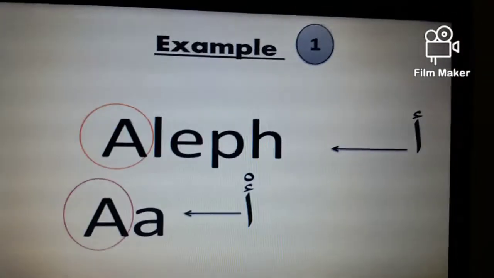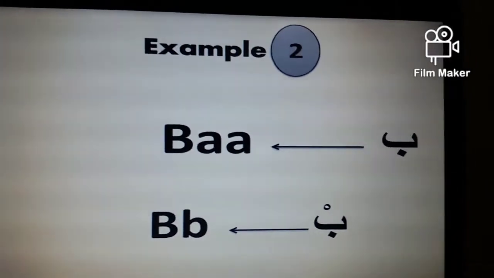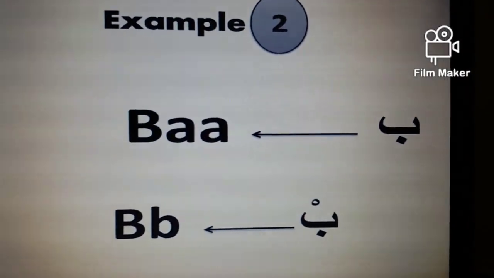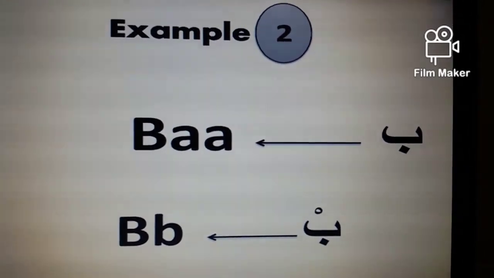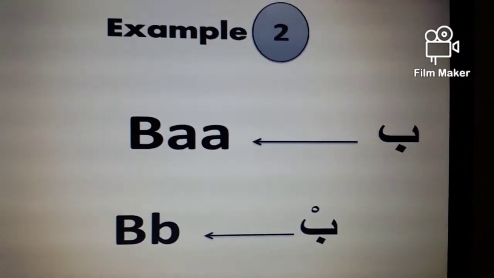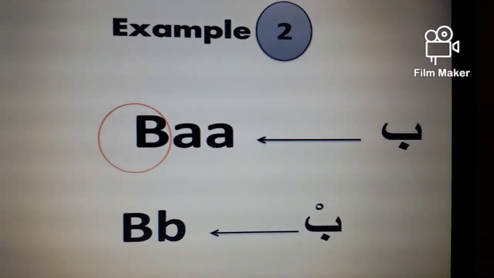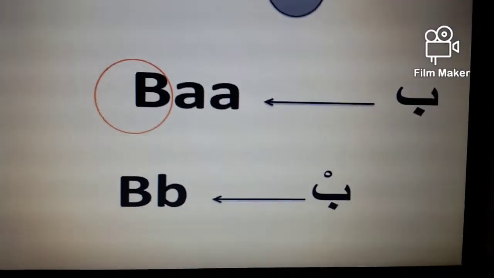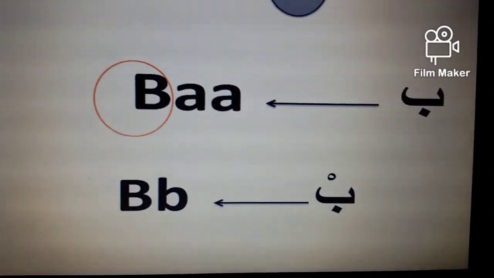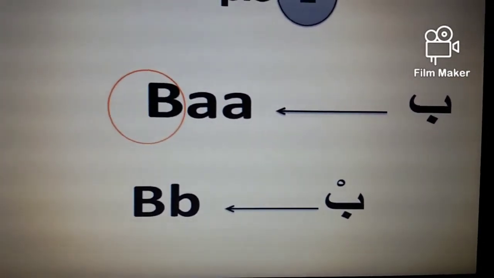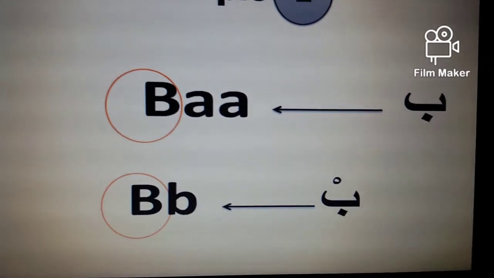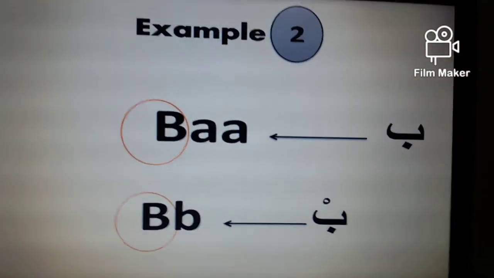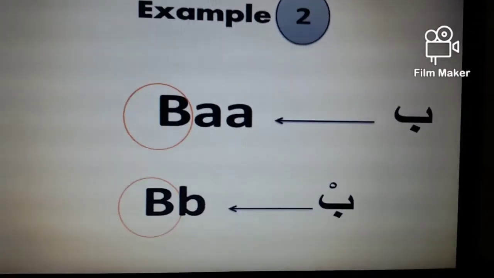Taking another example. That letter is called ba. The first letter of the name of that letter is b. So when we put the sukoon over it, we take the first letter and then we press on it. So I say b, b.